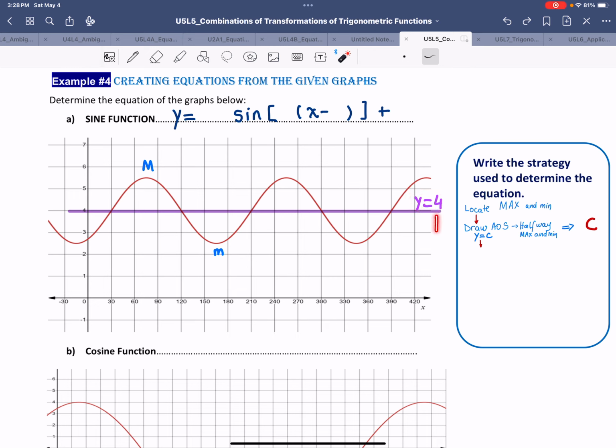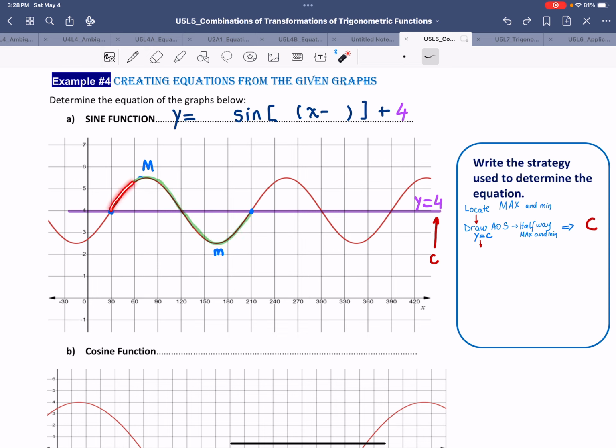Now, the equation of the axis of symmetry will help us also determine the last coefficient, the coefficient c, which in our case seems to be equal to 4. Next, we will be able to locate a sine cycle. Remember that a sine will start and end with an intercept with the axis of symmetry. So we're going to start here and end in here, and then we're going to highlight the one cycle.